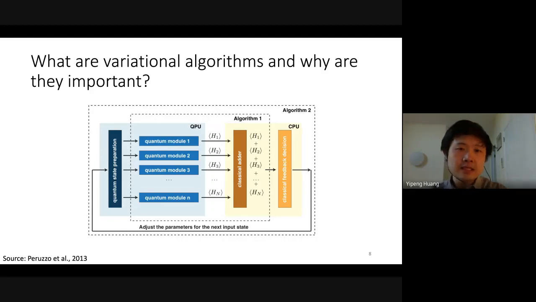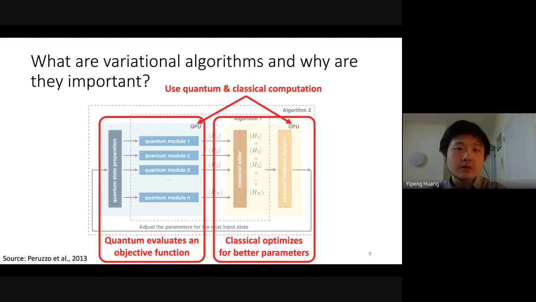And the basic idea is that you break down the algorithm into two parts. The computation proceeds using both a quantum computer and a classical computer. In the quantum computer, what you're doing is you're trying to evaluate a type of objective function. This objective function will be something that comes from, say, the optimization problem that you're trying to solve, or the quantum mechanical model of a molecule's property that you're trying to find.